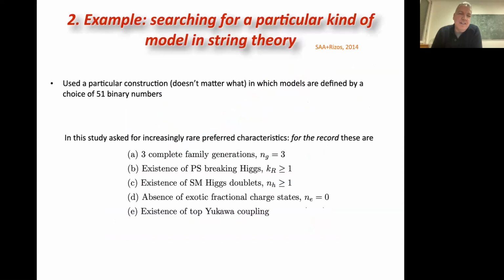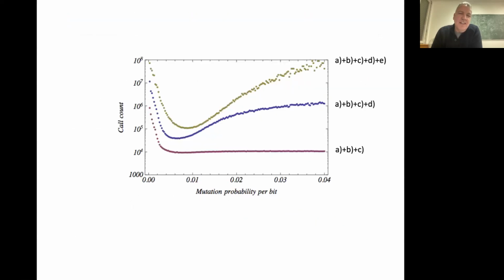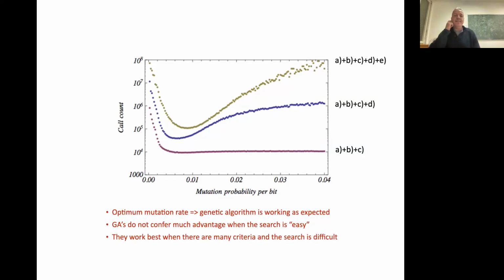I think it was 1 in 10,000 satisfied the first 3 criteria. You see, it's not really doing much for you, the genetic algorithm. But once it's 1 in 10 to the 10, suddenly you start to get orders of magnitude improvement. So that's the general property of these things.